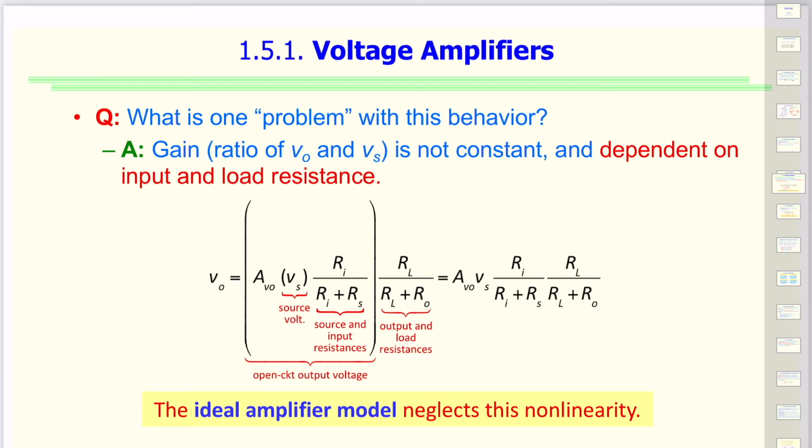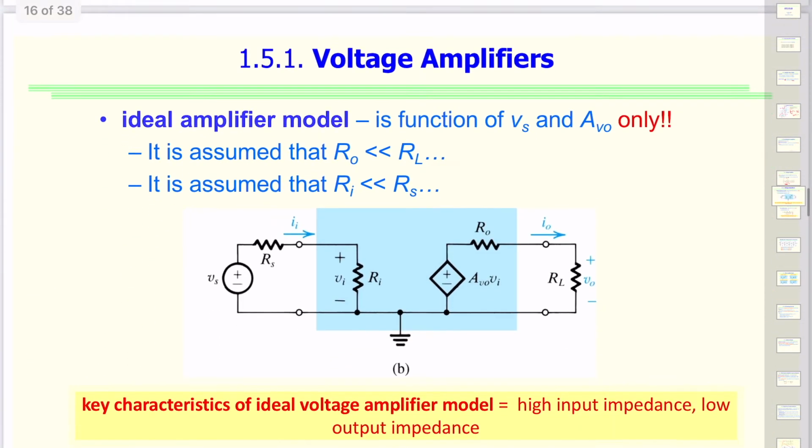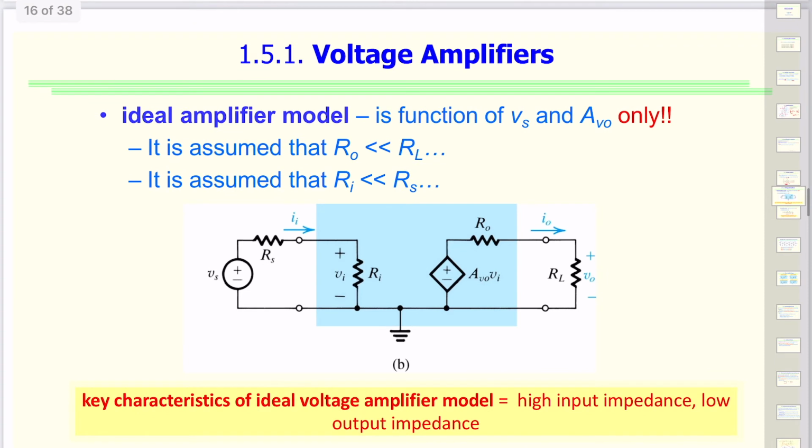So overall voltage gain can be simplified if we assume R naught is much smaller than load resistance and input resistance is much smaller than the source resistance. So we are many times interested to make an amplifier with high input resistance or a low output resistance.